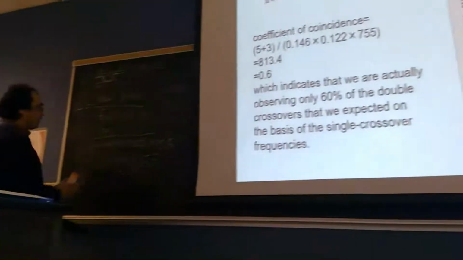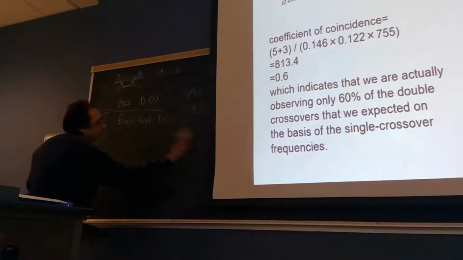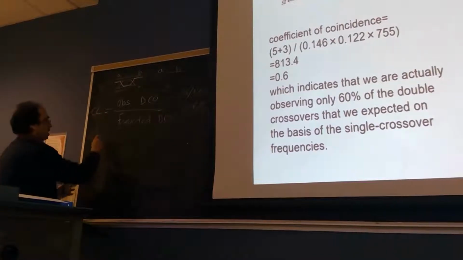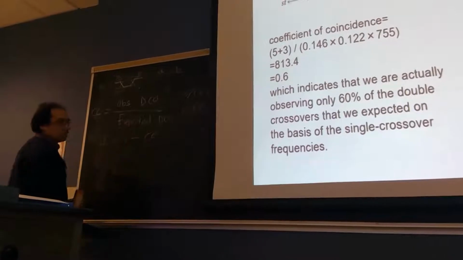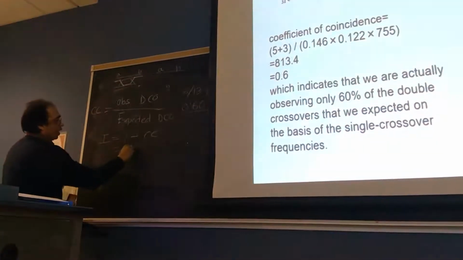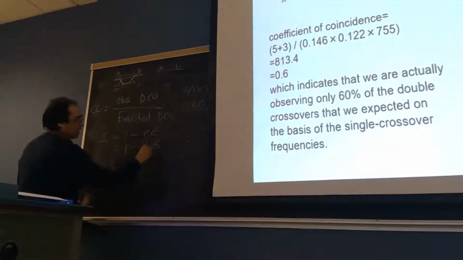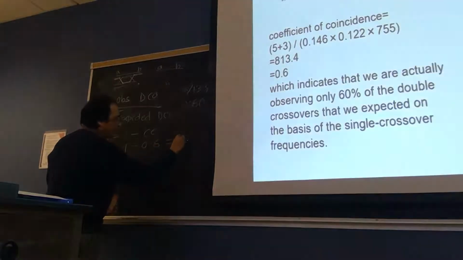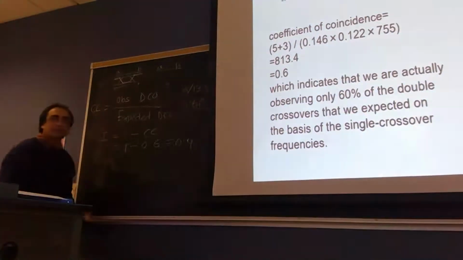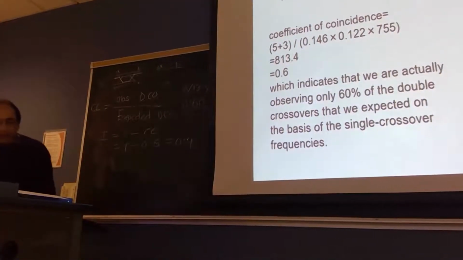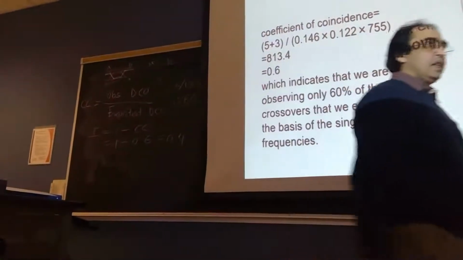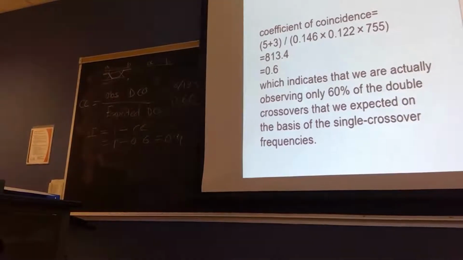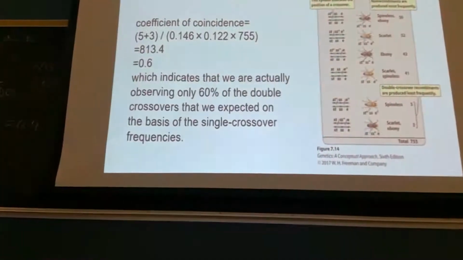So what is the interference? Interference is equal to 1 minus CC, so 1 minus 0.6 is equal to 0.4. Now think of it in another way. If the interference is 100%, that is 1, what does it mean?